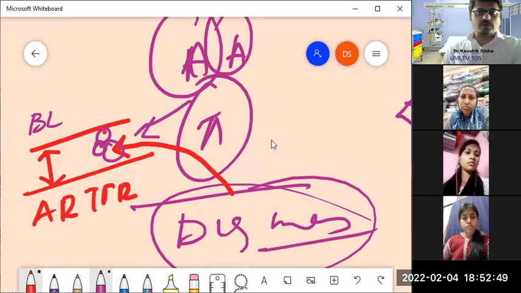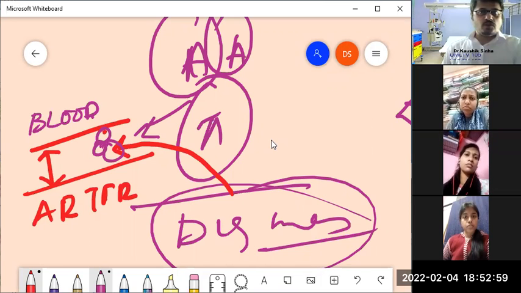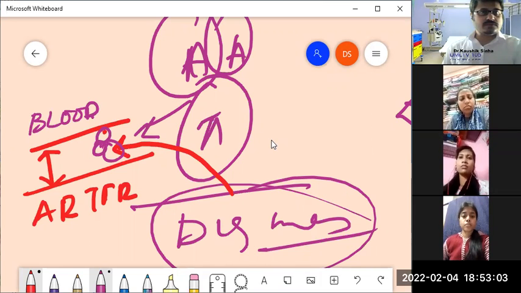Now, inside that artery, if there is a material that is blocking the free space, would the blood now flow? Can the blood flow through an obstructed channel? No, sir. Since the blood cannot flow, that means what?